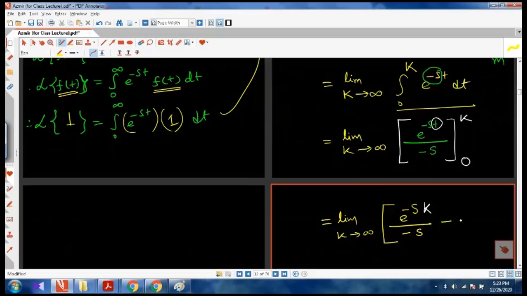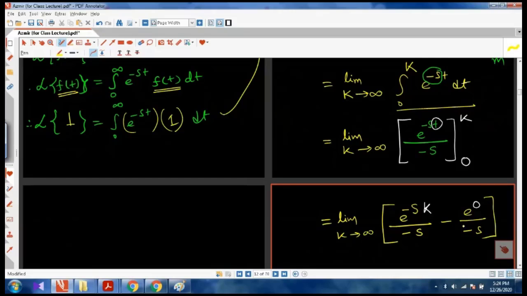Then negative e to the power s times 0. Something times 0 gives us 0, and negative 0 is actually 0. So e to the power 0 is here over negative s.